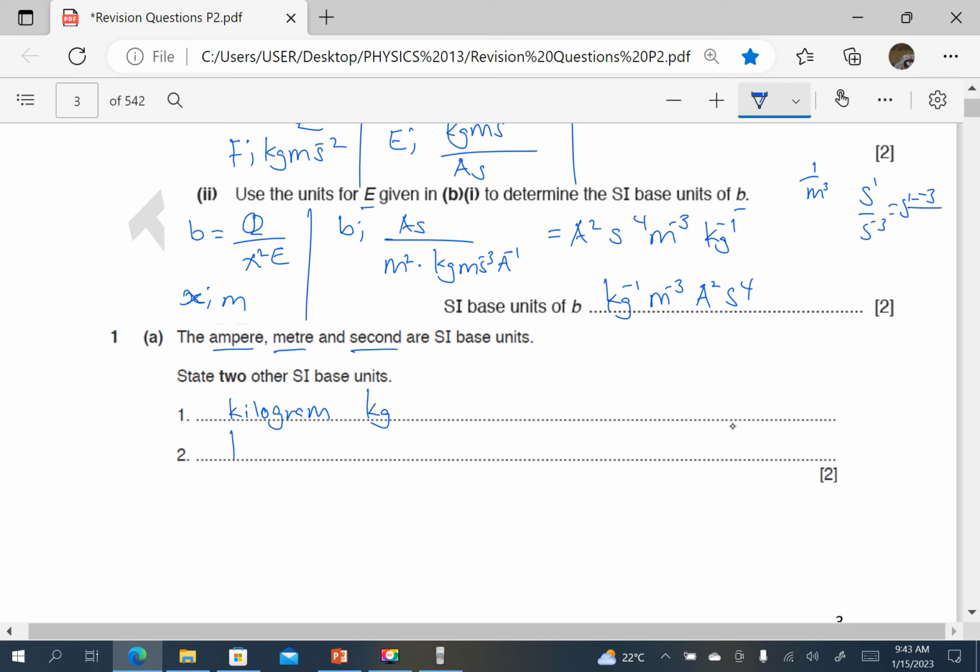We have Kelvin, that is for temperature, capital K. Of course, we have others such as the mole, which is the unit for amount of substance.